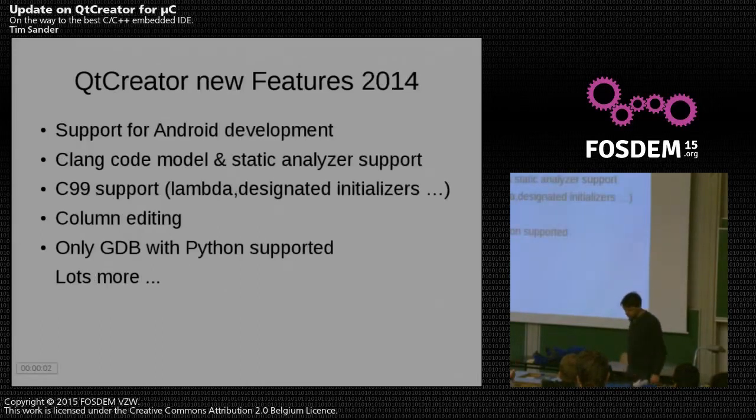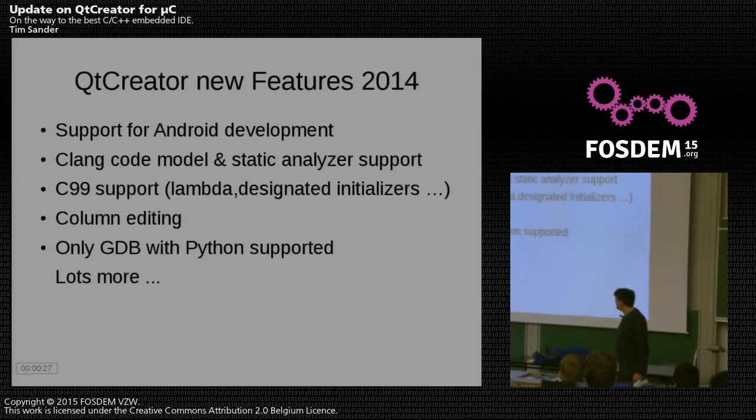There have been some new features in 2014 for the Qtcreator. That's support for Android development. The Clang code model I just talked about. C++11 support has been improved, like lambda expressions, designated initializers and some stuff more.